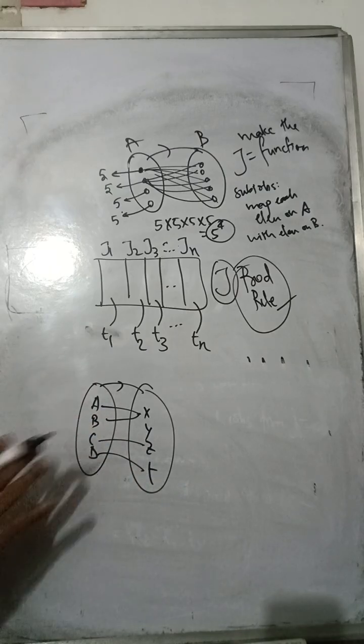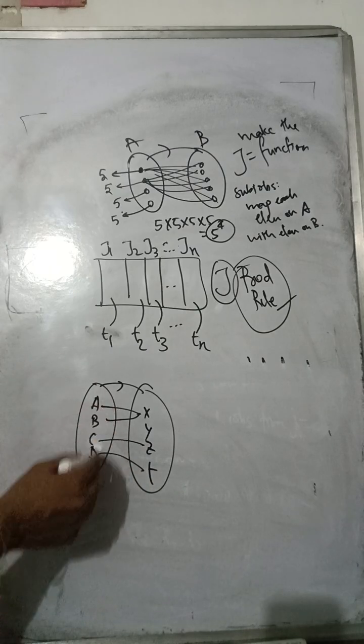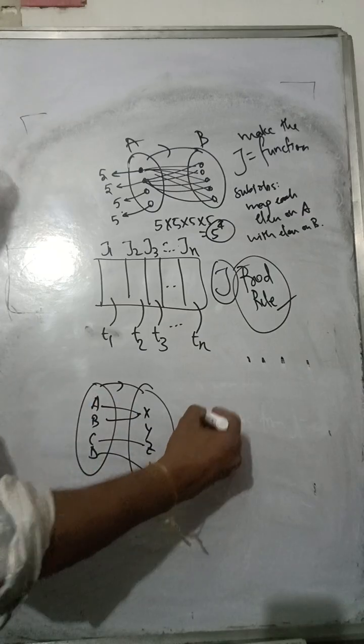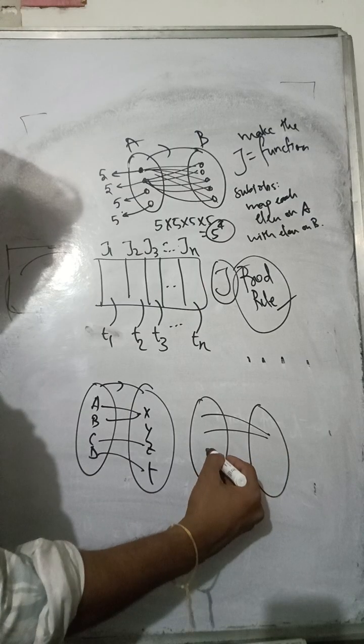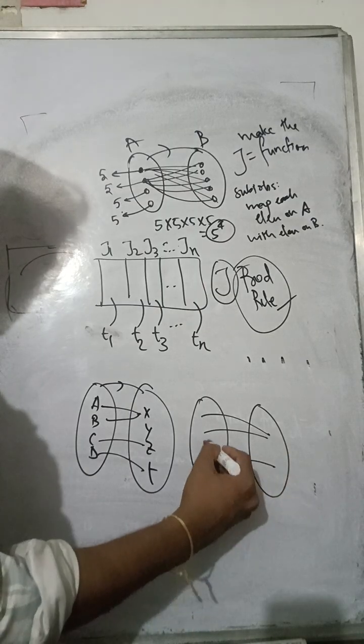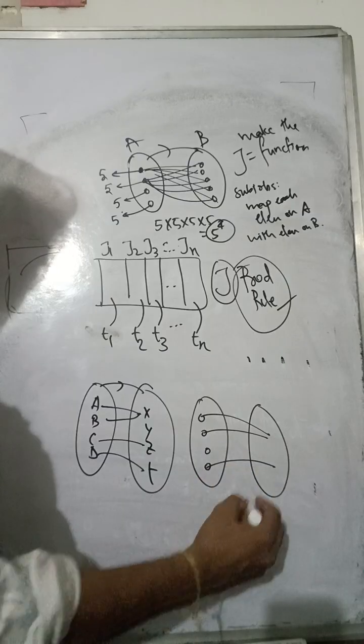Only then is it a function. Suppose this is mapped to this, and this is mapped to this, and one element is left out. This thing is not a function.